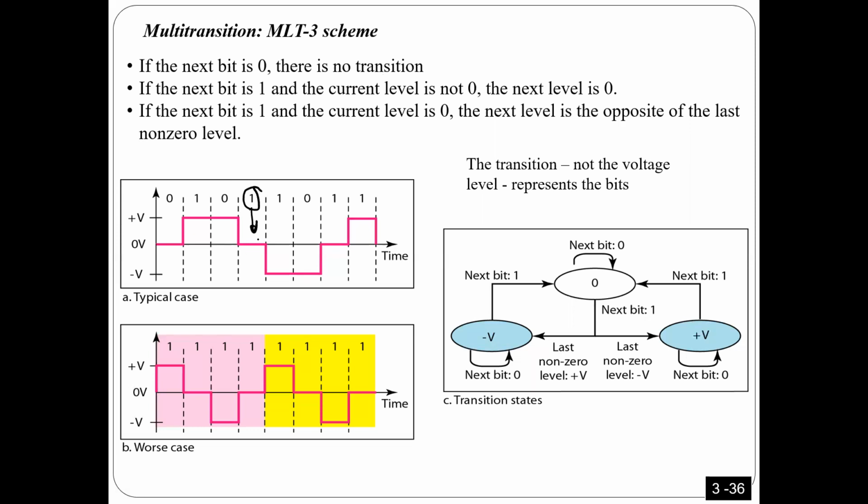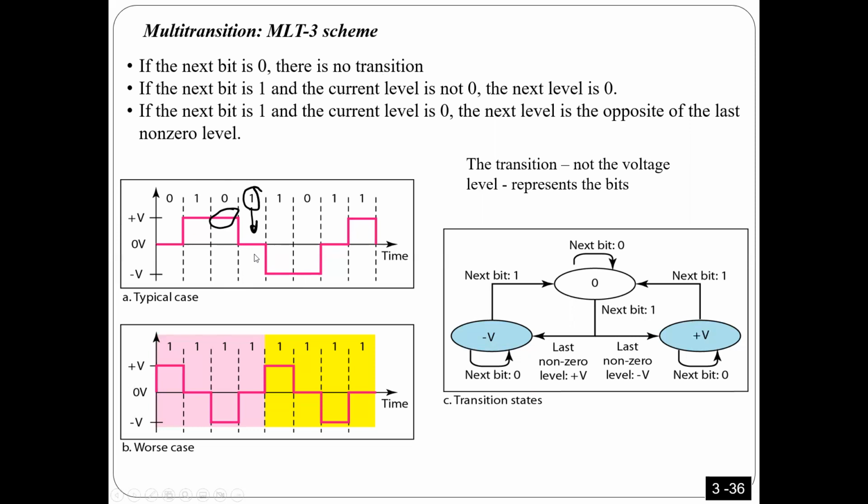But this transition can go to zero or it can go to negative. So why did I select zero? Simply because of what I told you here: the previous one is not zero, it is positive or negative, so it will go to zero. That's exactly what happened here. This one is positive, so the transition is going to be to zero. If it is negative, the transition also would be to zero.